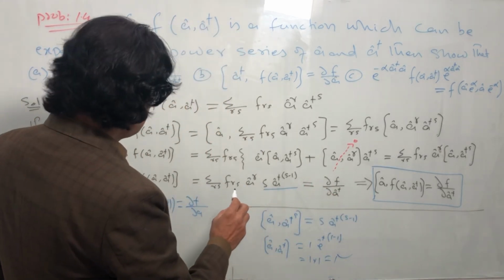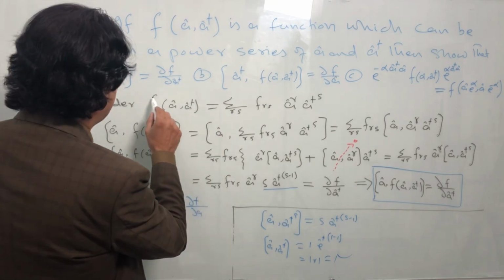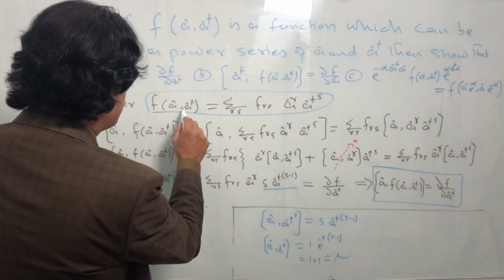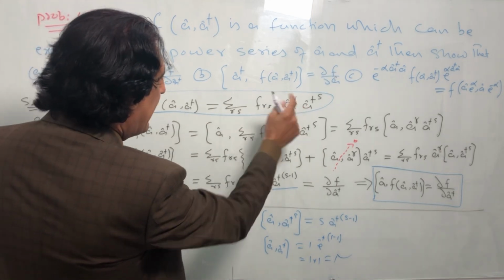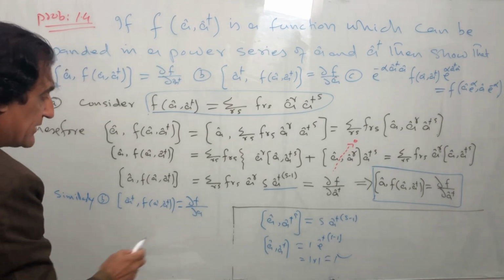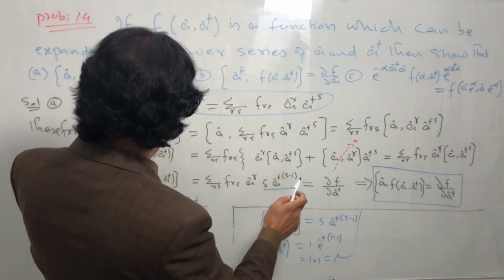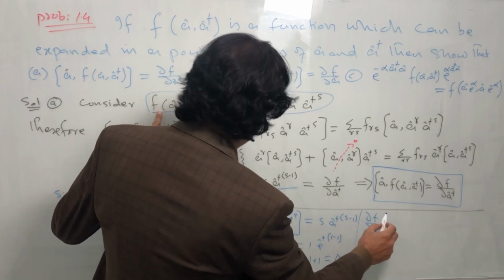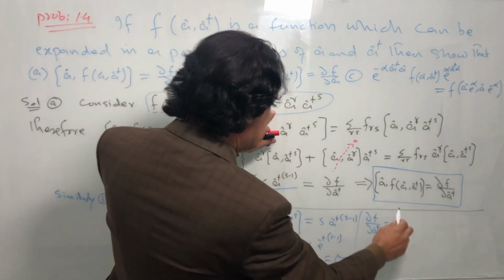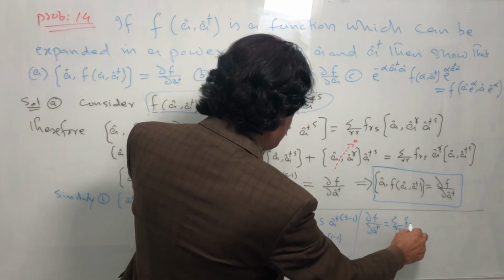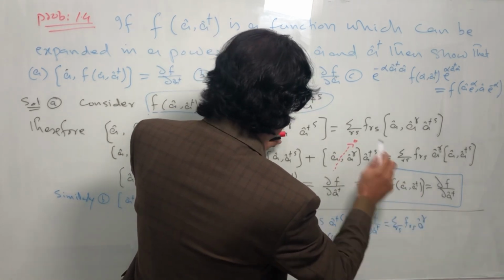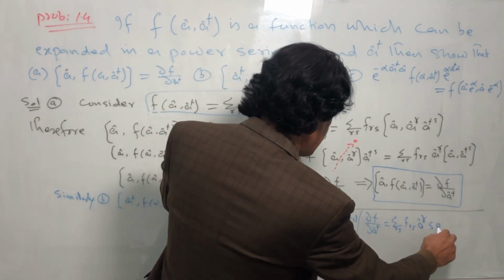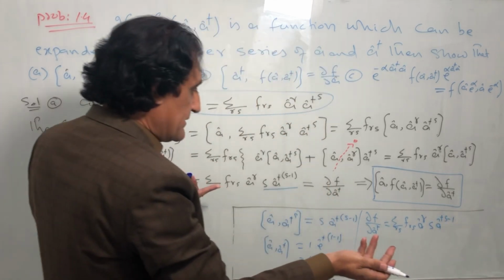And further, if we look at this function, this is important. If we differentiate this function with respect to a dagger, then what will we get? Let's see, partial f divided by partial a dagger. If we differentiate this with respect to a dagger, then these things remain the same: the sum over r, s, f rs, a to the r, and differentiating a dagger to the s, we have s a dagger to the s minus 1 by the rule.